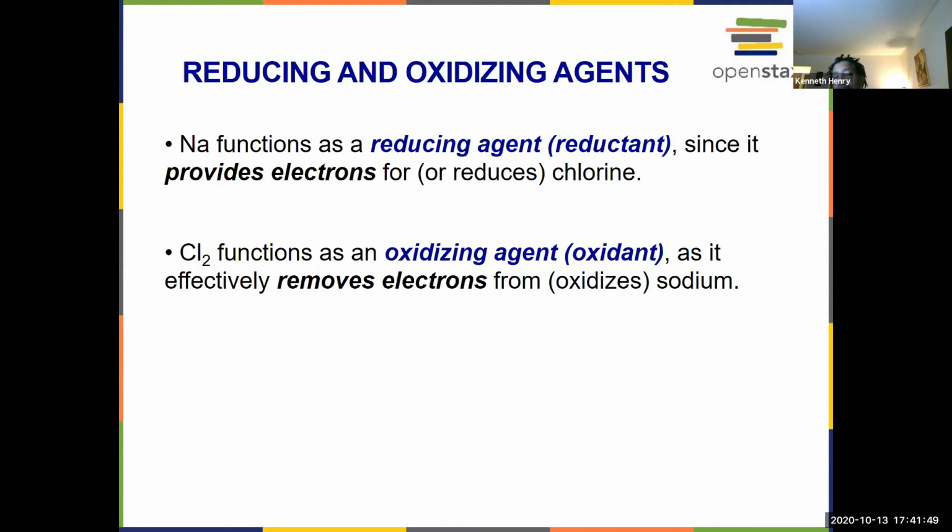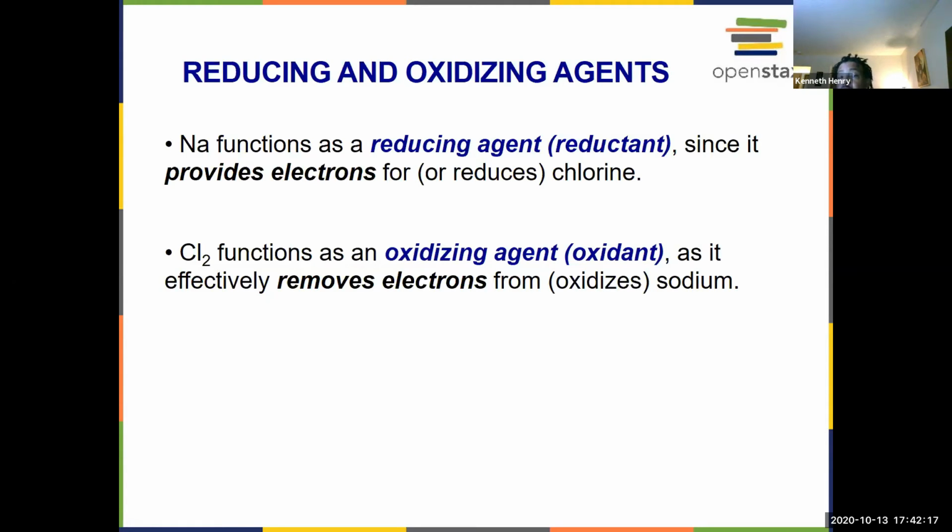But then what we would say is the metal, sodium, is our reducing reagent. It's causing the other guy to do the opposite, right? So it's causing the other guy to gain electrons. So sodium metal functions as a reducing agent. It's having an effect on the other thing, okay?